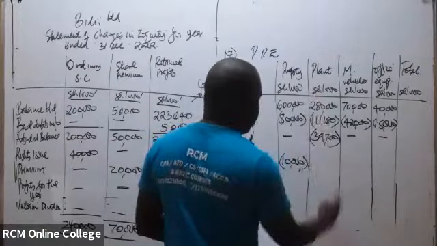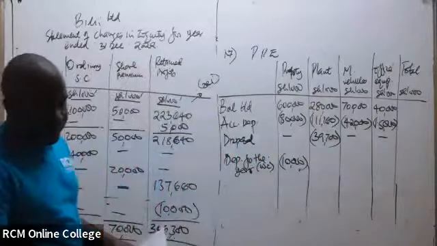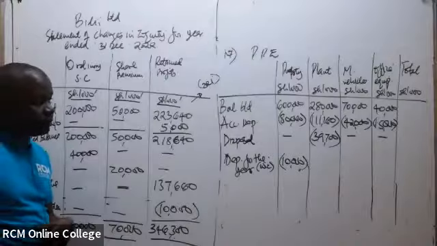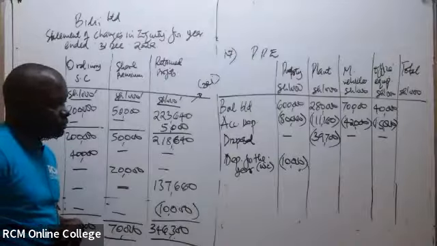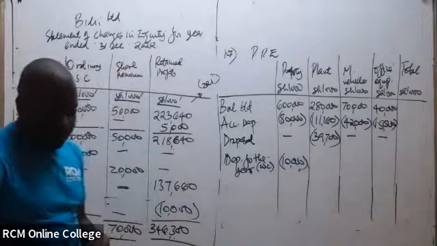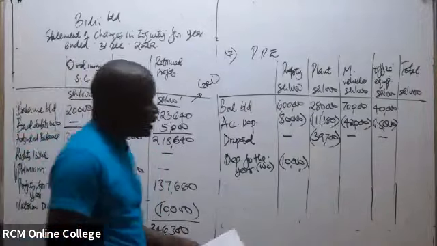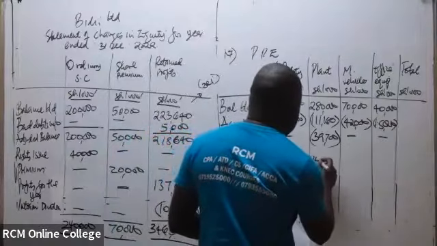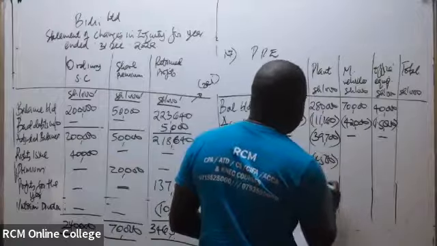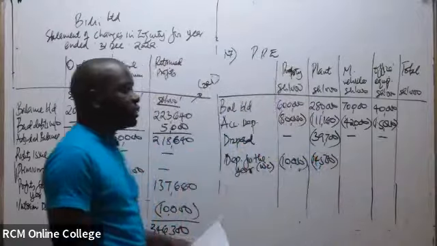What about plant? For plant, we are getting 14,500, I think. What about motor vehicles?